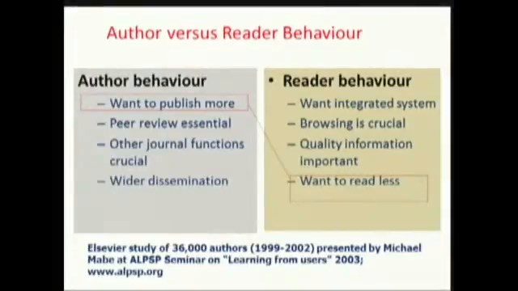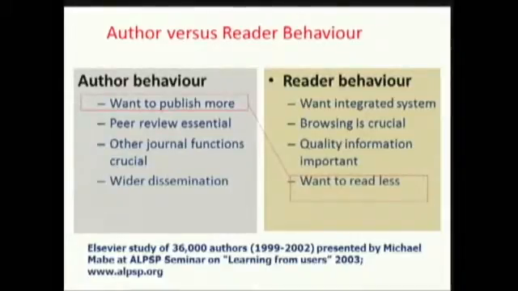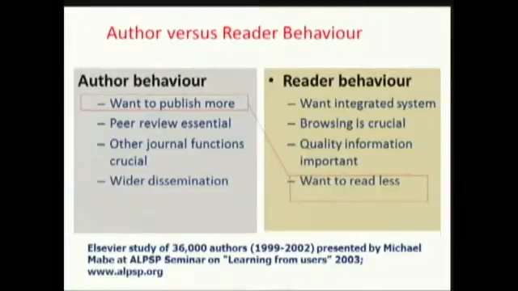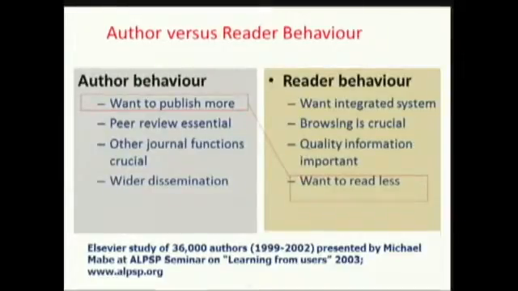So how does the author behave compared to the reader? The author wants to publish more, and the reader wants to read less, right? For the author, peer review is essential because he wants to see how his colleagues in his field assess his work.